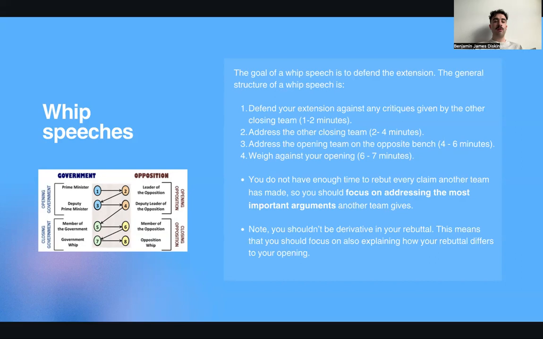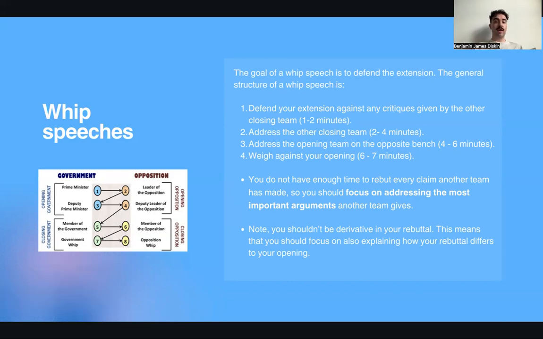However, it is also useful to not just defend your argument, but explain why arguments that other teams have made are not important contributions. If we're talking about arguments made by the other bench, so suppose again you are closing government, you are allowed to directly rebut the arguments of opening opposition and closing opposition, the same way you would rebut the other team in 3v3 debating.